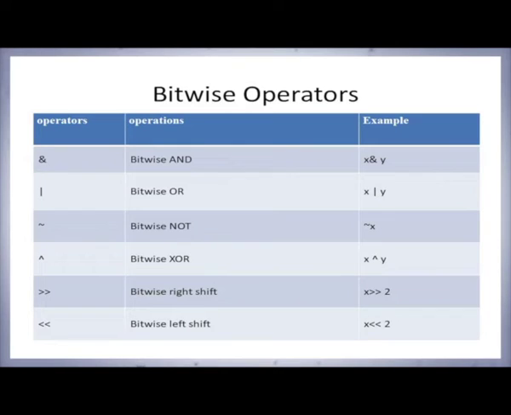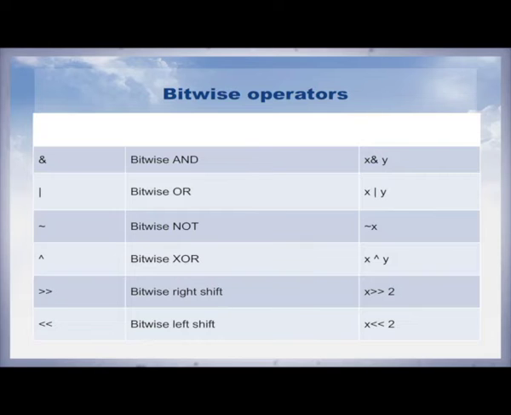What is next? The next type is bitwise operators. Bitwise operators work on bits and perform bit by bit operation. The bitwise operators in Python can be seen on the console. Here you can find the list of bitwise operators supported in Python.